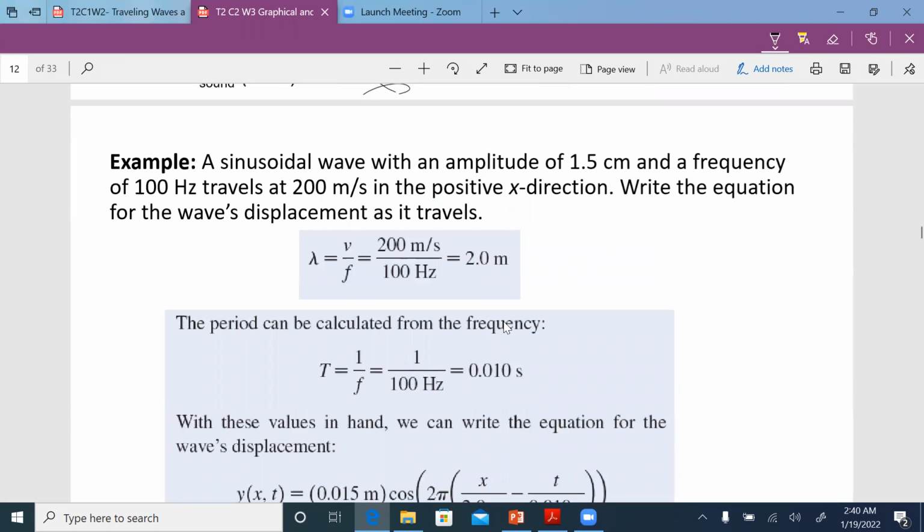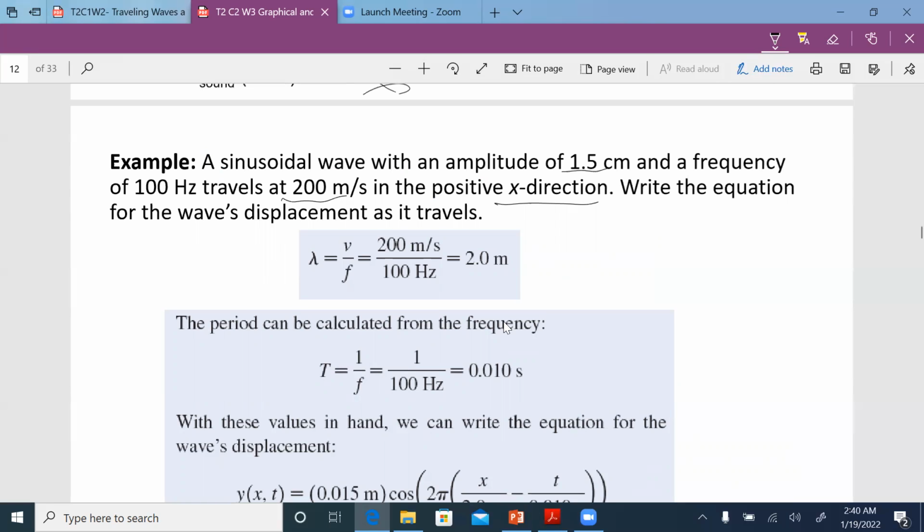A sinusoidal wave with an amplitude, the amplitude is given, and the frequency of 100 Hz travels with a speed of 200 meters per second in the positive X direction. The positive X direction means it's going to the right. Write the equation of the wave displacement as it travels.